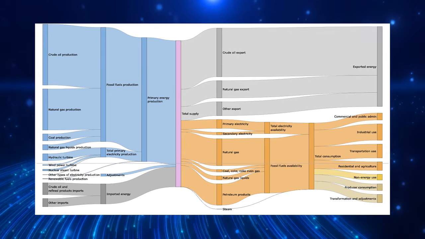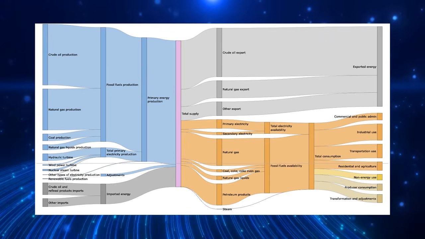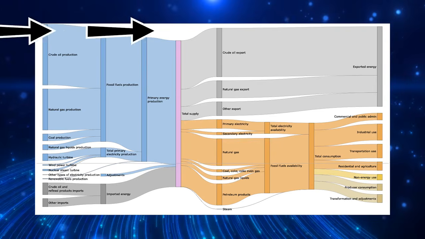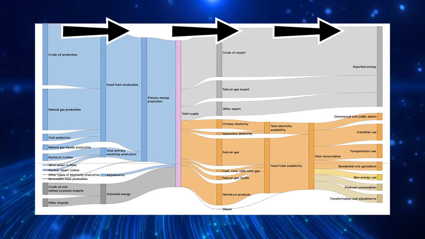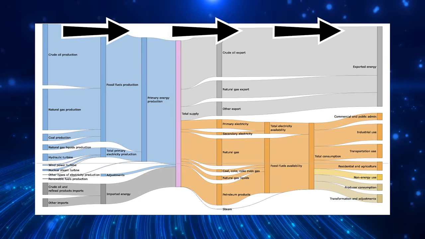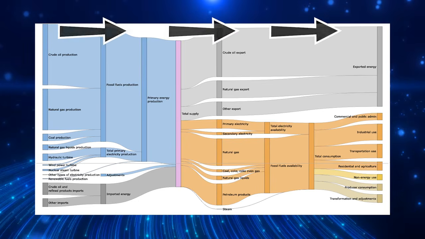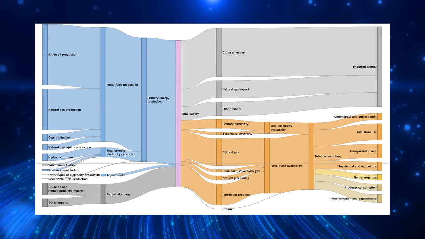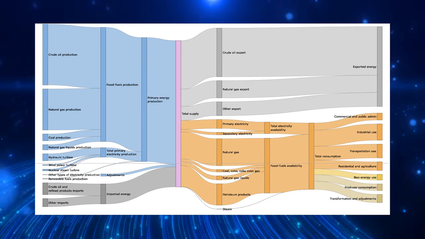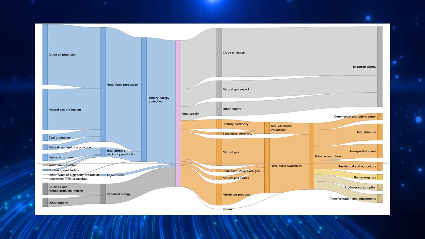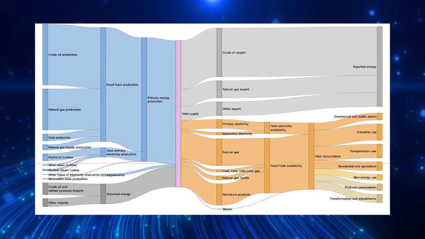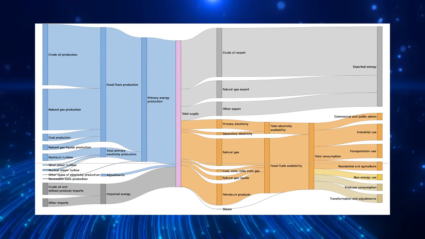For example, the Canadian energy flow depicts, from left to right, total energy supply broken down in terms of domestic production and imports and by energy source, flowing on the right to total energy uses broken down in terms of exports and total energy consumption.